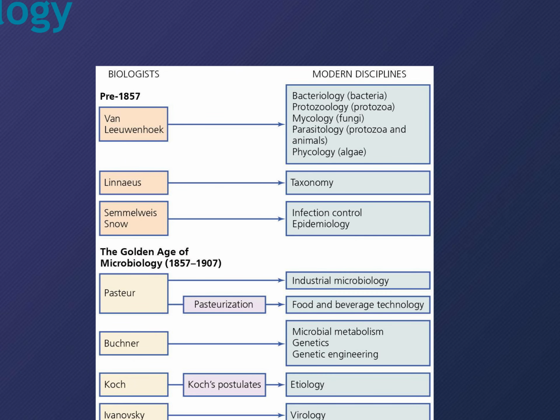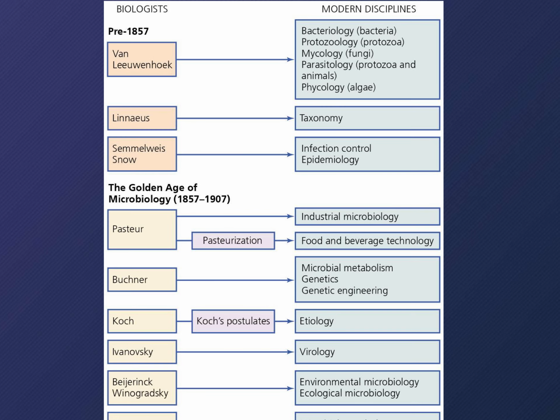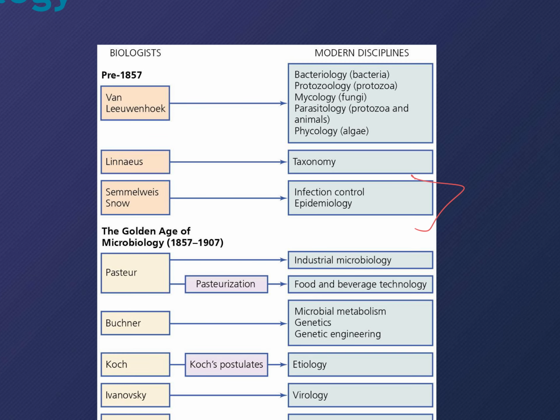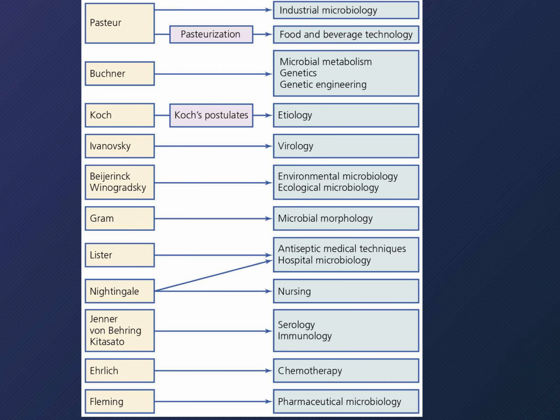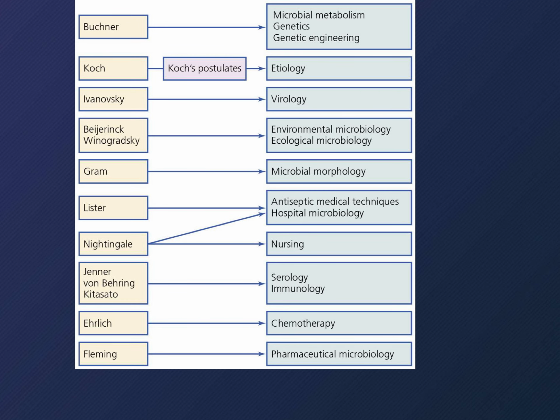What's interesting is, we see a lot of this stuff, and we're like, wow, this is kind of the beginning of a lot of science, right? We've looked at a lot of different fields of science that have basically grown out of microbiology. All right, so let's go through some of these. So these guys: infection control, epidemiology, taxonomy, basically microbiology up here, right? Pasteur for pasteurization and industrial microbiology, Buckner for microbial genetics, genetic engineering, etiologies from Koch's postulates, right?